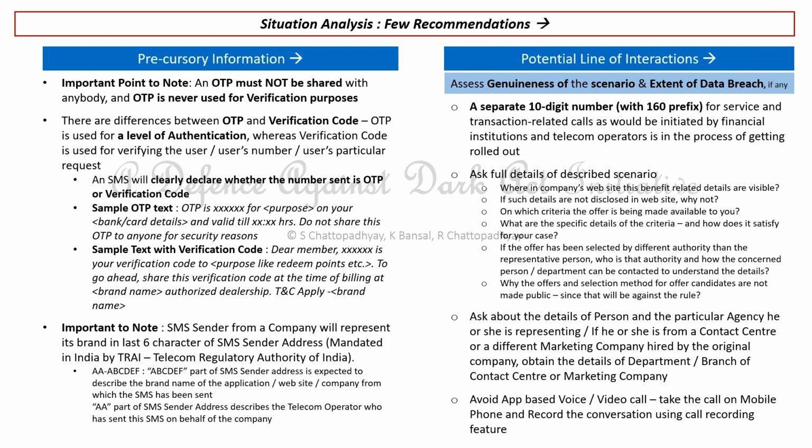If such details are not disclosed on the website, why not? What are the criteria for making this offer? How do you fit into that criteria? And is the benefit offer owned by the particular financial institute, or is it something owned by a marketing company working on behalf of the financial institute? How does the whole thing work out?